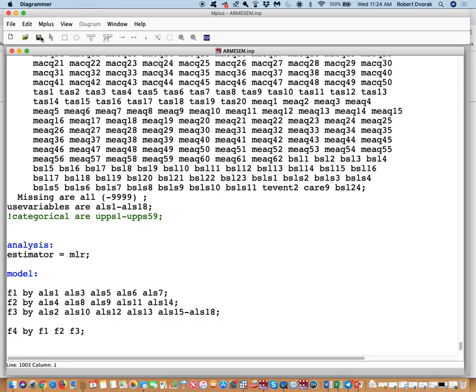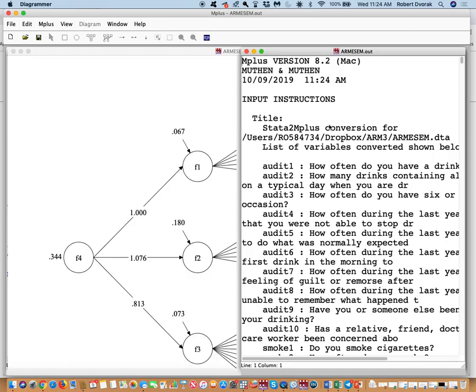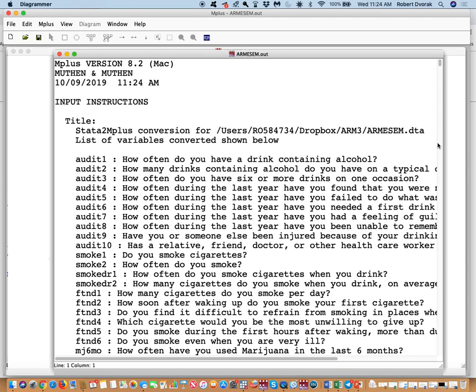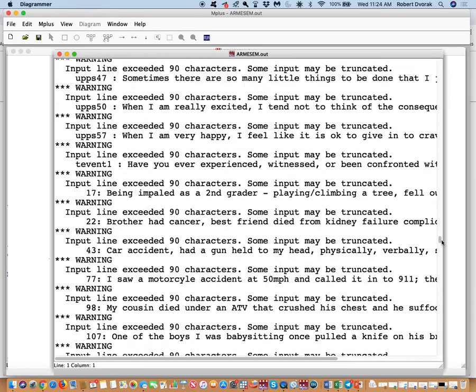Say that again. Maybe it's wrong. That's covariance. Oh yeah, they should be one, you're right. Let's have a look at this.